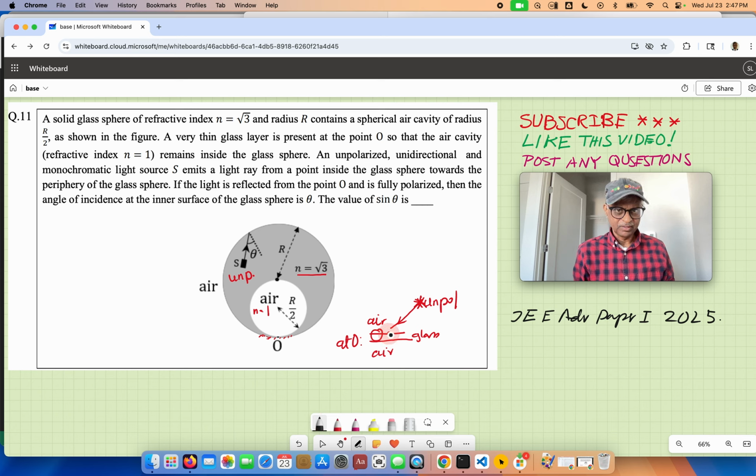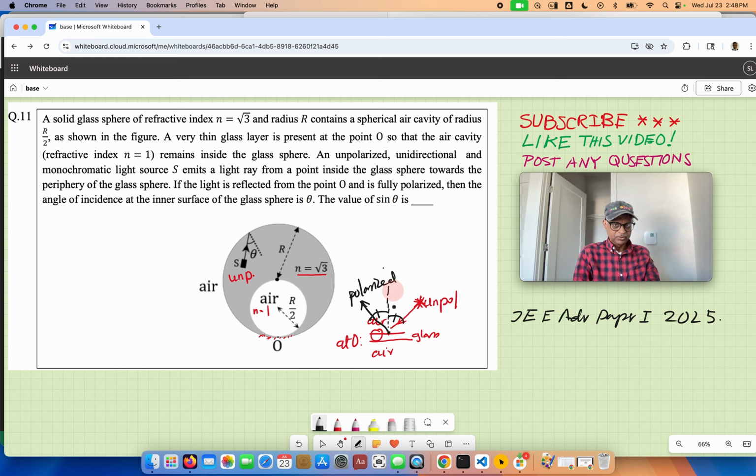When it reflects off, this is the normal, so this angle has to be equal to that angle. These angles are equal, but the reflected light is polarized. This angle has a name: it is called Brewster's angle.